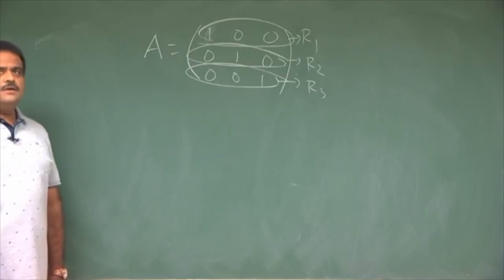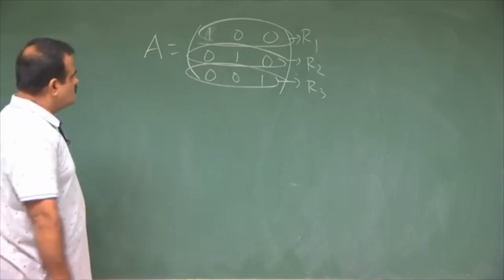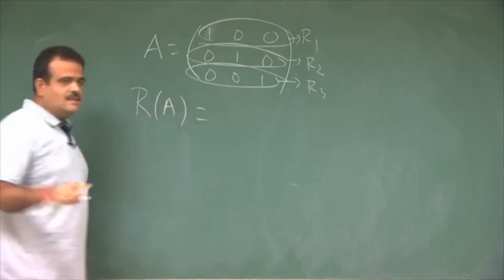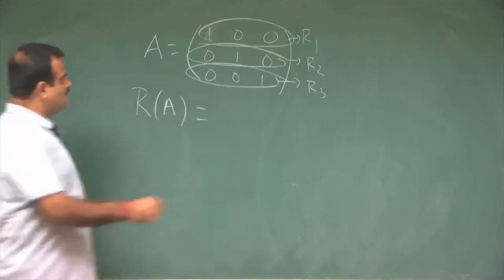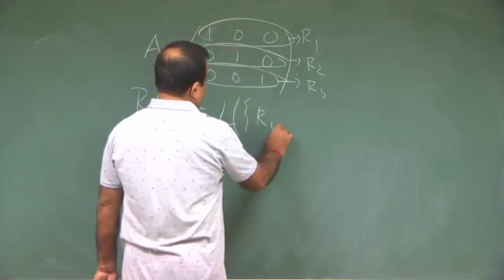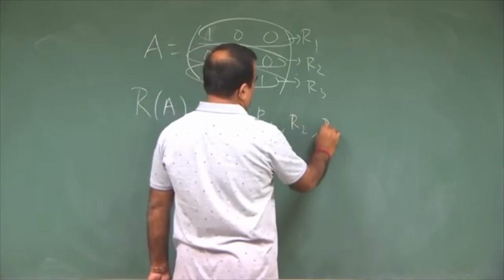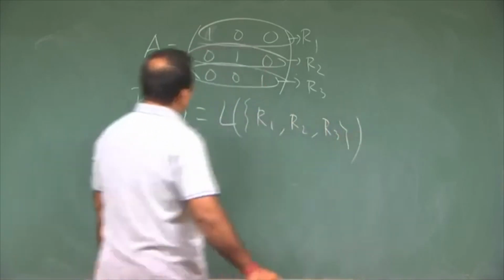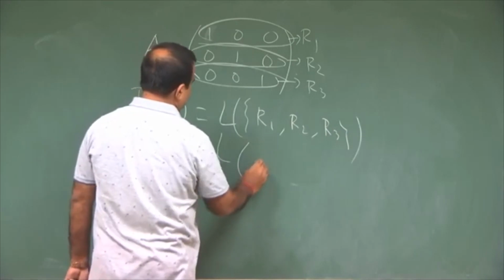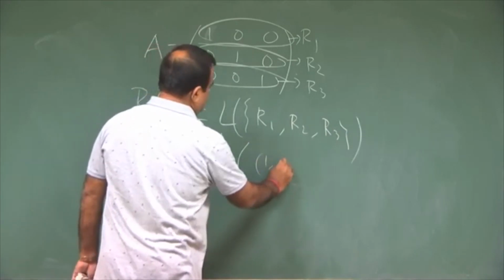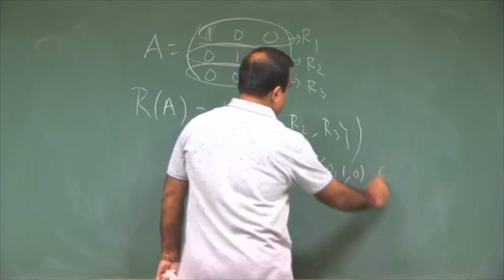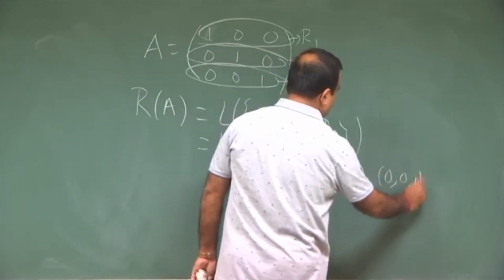Okay. So, now what is the row space? The row space of this is the linear span of R 1, R 2, R 3. Now, here R 1, R 2, R 3 are the standard vectors: 1 0 0, 0 1 0, 0 0 1.